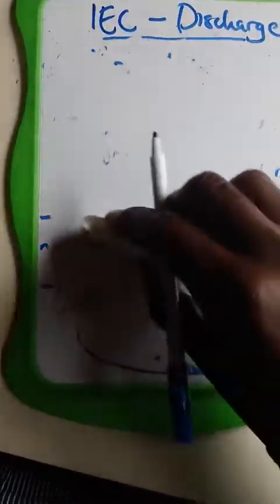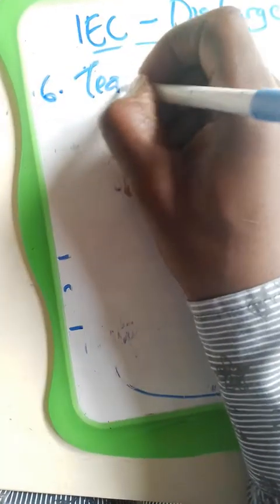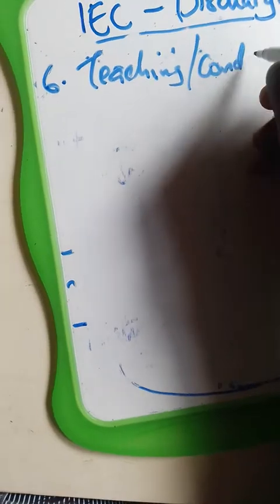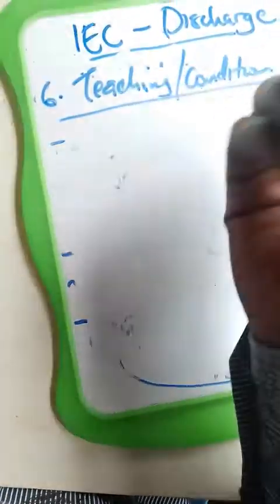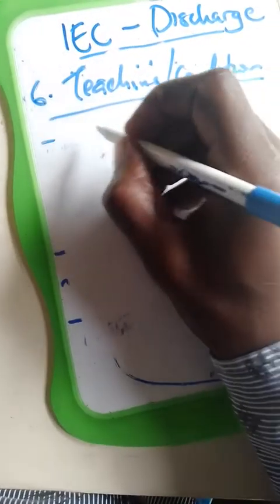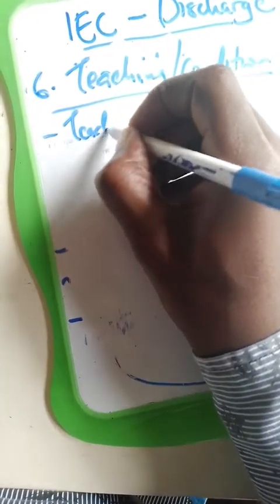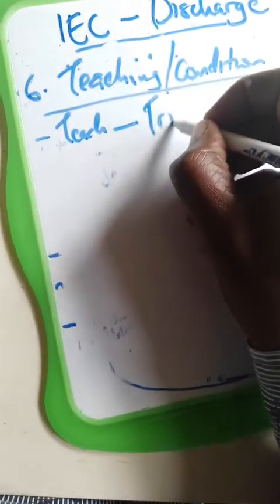So let's look at the sixth one, which is teaching clients about the condition. You need to teach them about the condition, meaning you teach about the triggers.